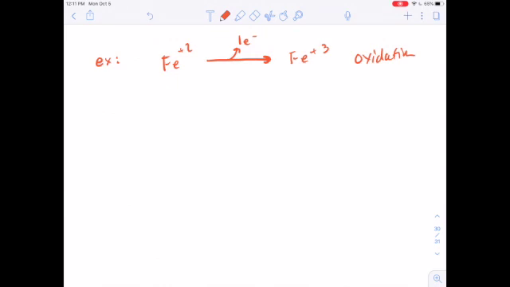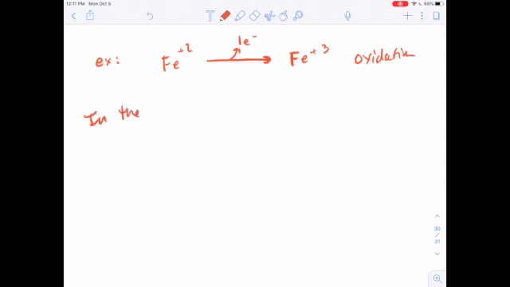And this is the rust process here. And you learn about this like, okay, what has rust got to do with how cells make energy? Well, that's the problem. Because oxidation and reduction reactions were first described by chemists who weren't looking inside the cell. They were looking in batteries and stuff like that. In the cell, things happen a little differently.